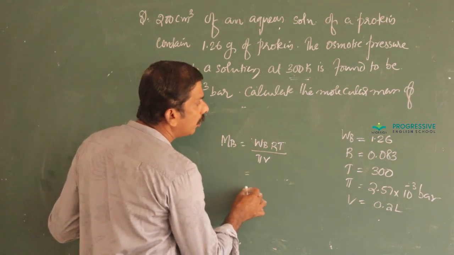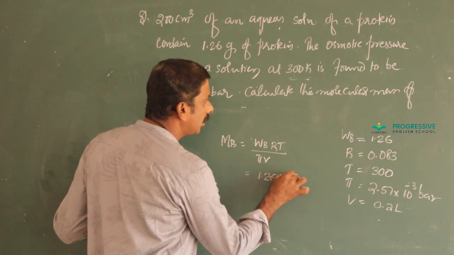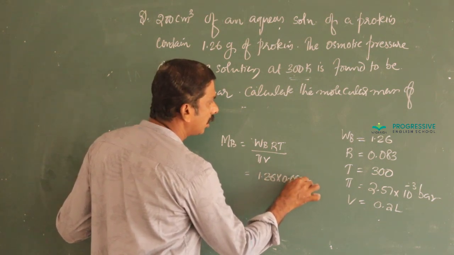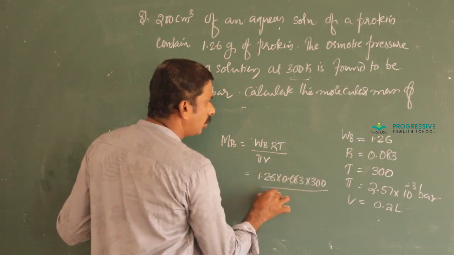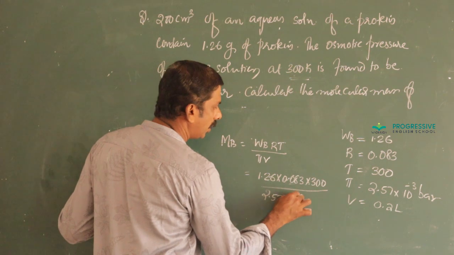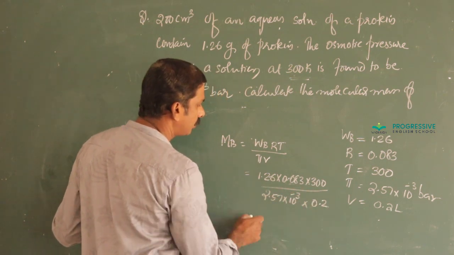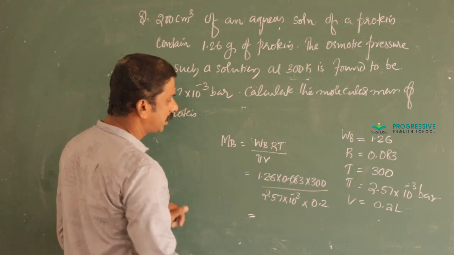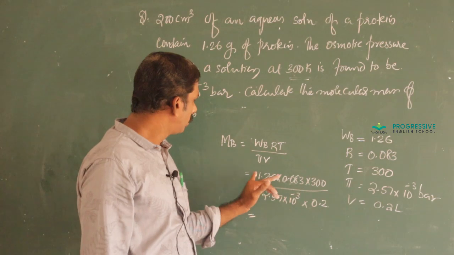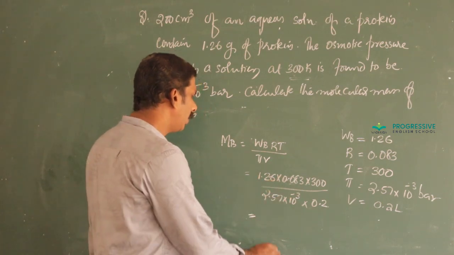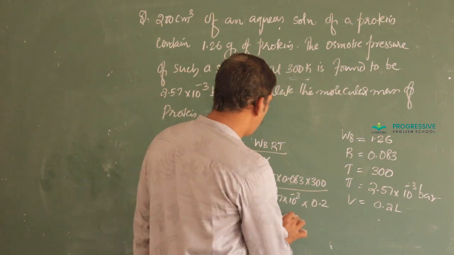And WB is 1.26, R 0.083, T is 300, 2.57 into 10 raised to minus 3, 0.2. On simplification, what is the value you got? Just find out. On simplifying, the value you got is 60.38.